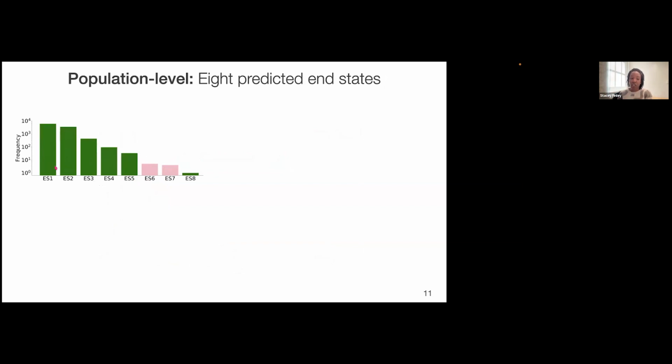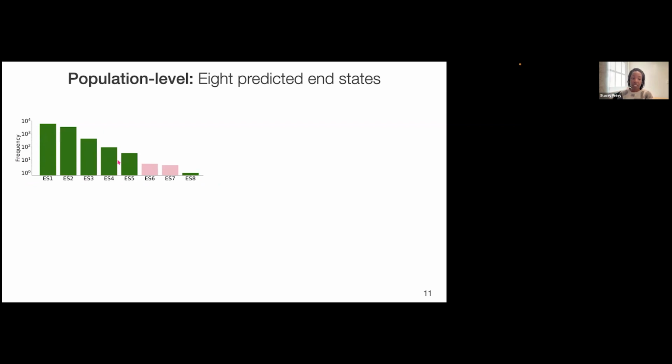And so here I'm showing the frequency distribution of those 8 end states, where we've just numbered them state 1 through state 8, based on the number of those 10,000 cells that fall into that final end state. I've again colored these based on whether that end state corresponds to a proliferative state, in pink, compared to an exhausted state, shown in green.